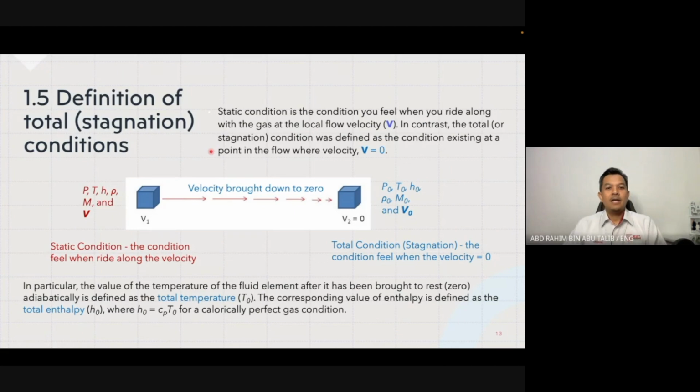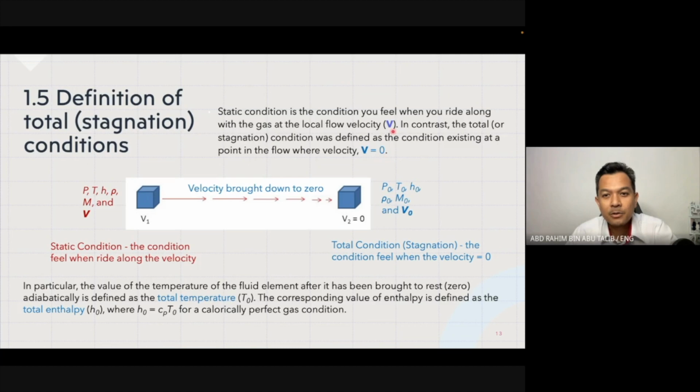Okay, if we look into the static condition, it is the condition you feel when you ride along with the gas at local velocity v. In contrast, the total or stagnation condition was defined as the condition existing at the point in the flow where velocity is equal to zero.